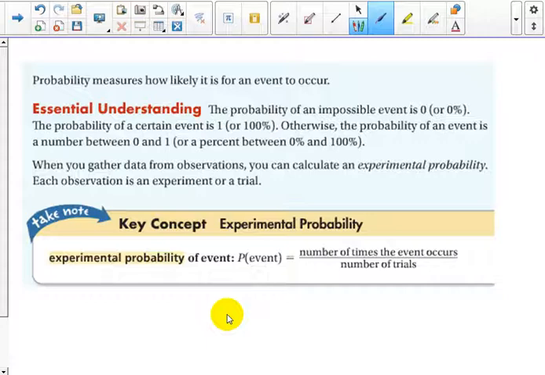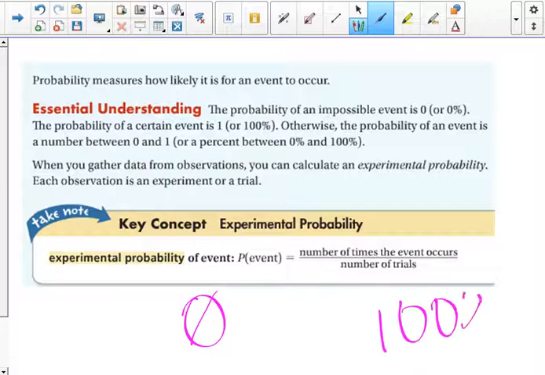Those are events. How likely is something to happen? So the probability of an impossible event is 0. So if I say there is 0% chance that that is likely to occur, it means it's not going to happen.